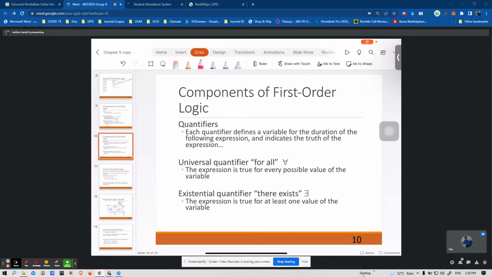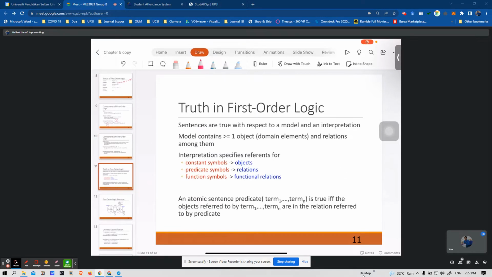Then we have quantifiers. Quantifiers define the variable for the duration of the following expression and indicate the truth of the expression. You need to quantify for all, for some. And then sentences are true in first order logic. Sentences are called true with respect to a model and also the interpretation.